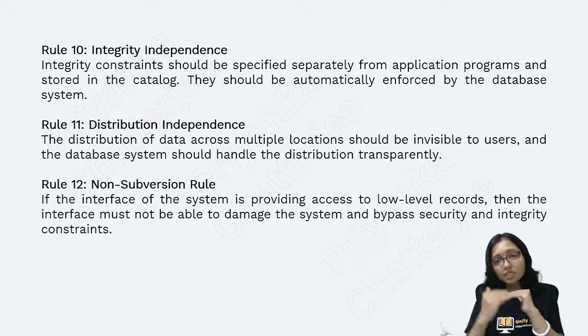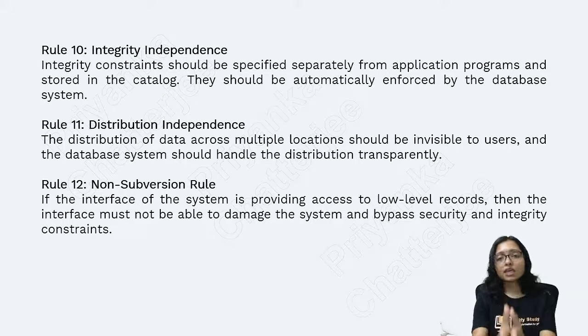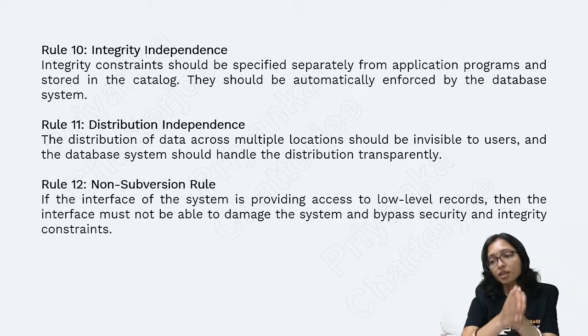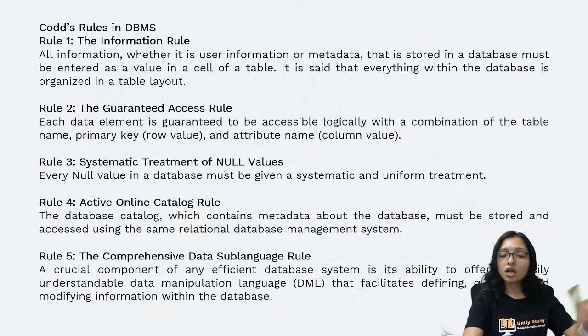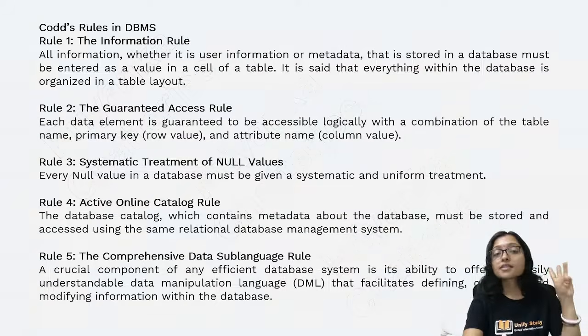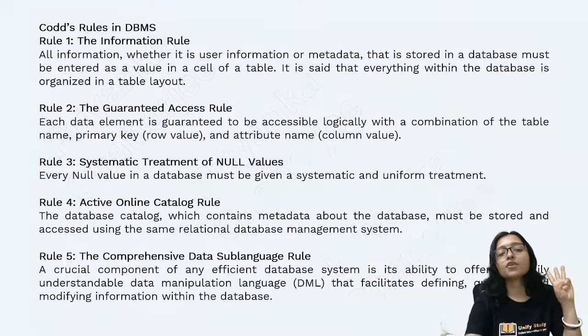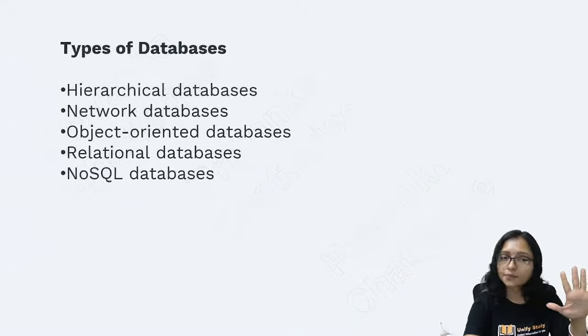These are the rules. In this way you should remember, relate with the original thing, how it is going on. If you are able to remember in this way, then you will be able to remember all these rules easily. Information rule, guaranteed access rule, systematic treatment, null value, active online catalog, these are all the rules. Clear?